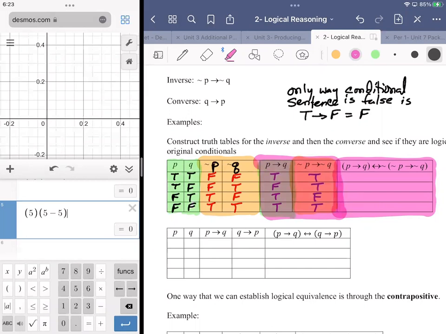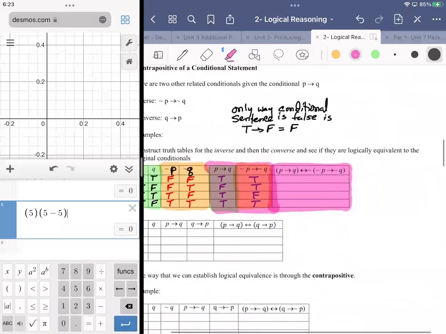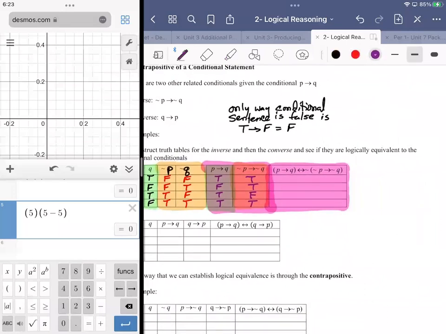All right, when it comes to the biconditional, the only way that they're going to be true is if both parts are the same. All right, biconditionals are true if both parts are the same.